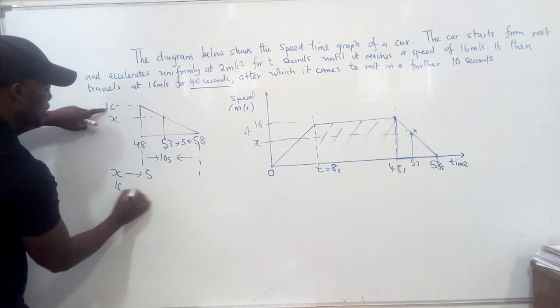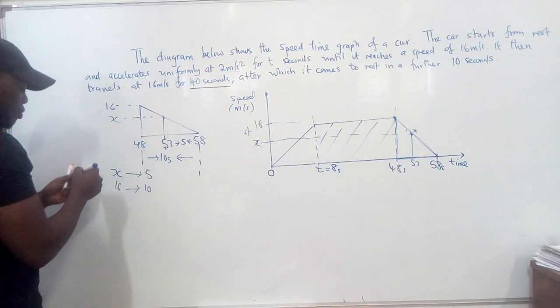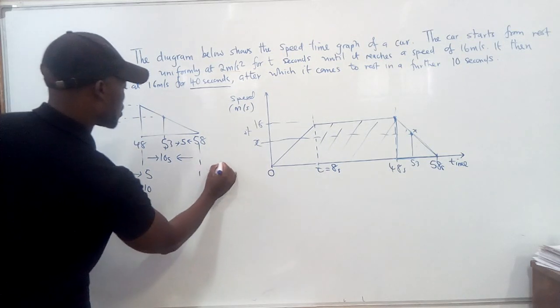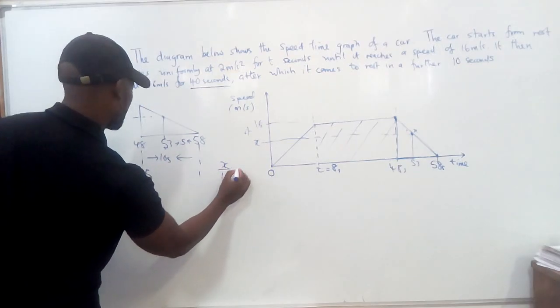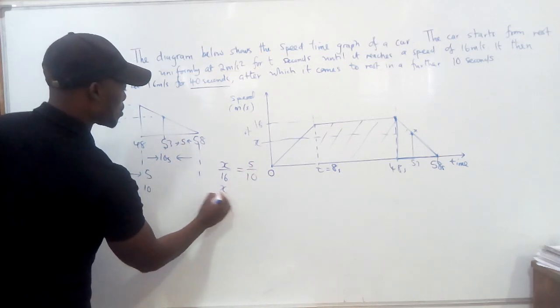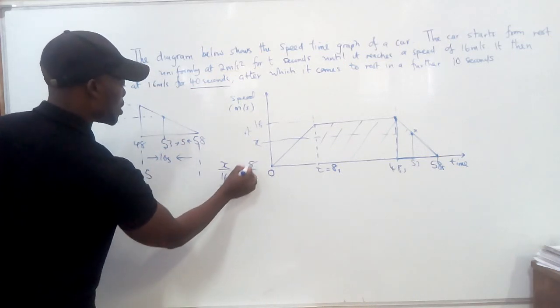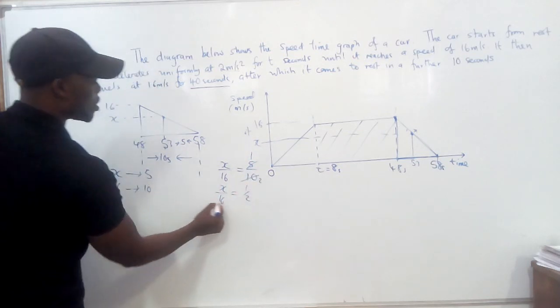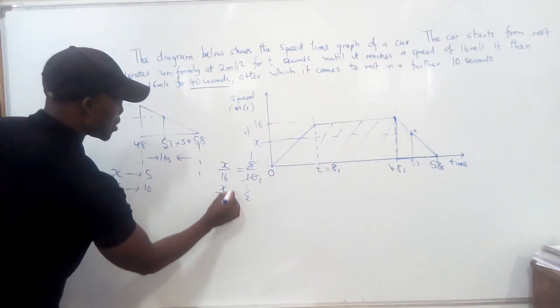We'll move with 10. So to find the value of x, you just say x over 16 is equal to 5 over 10. That simplifies to 1 over 2.